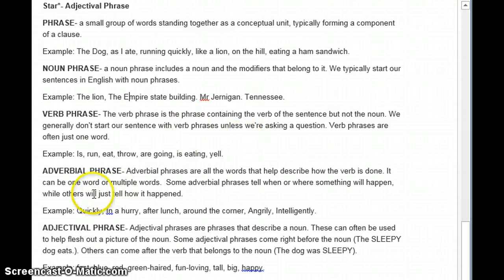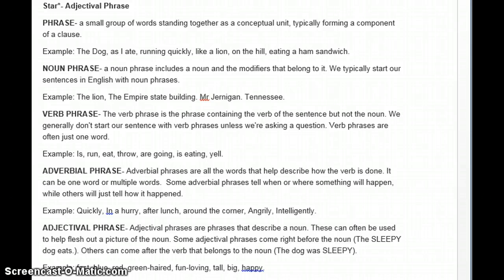Some examples are words that we may not think of as action words, but things like is, are, am, was, were. Also, words that we visualize a little bit more as action-based, things like run, eat, throw. We also have helping verbs here like are going, is eating. Those are examples of verb phrases.